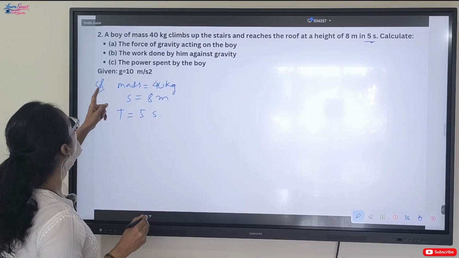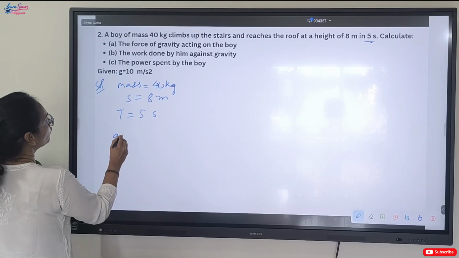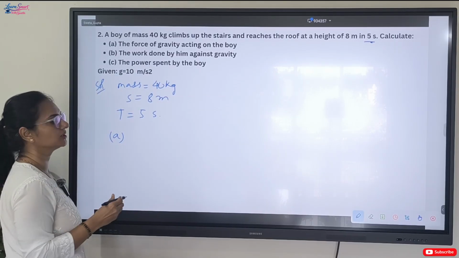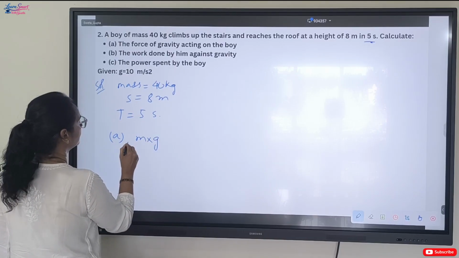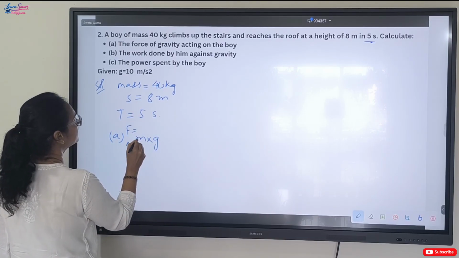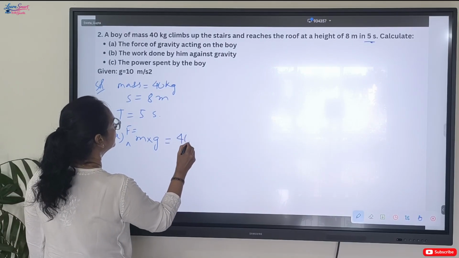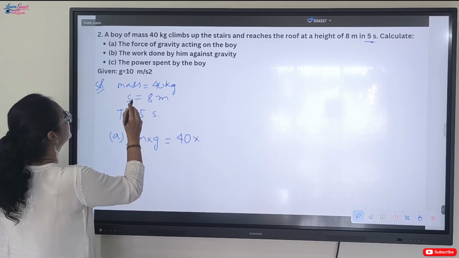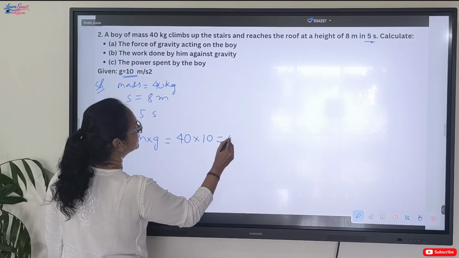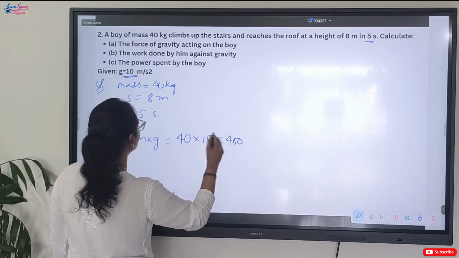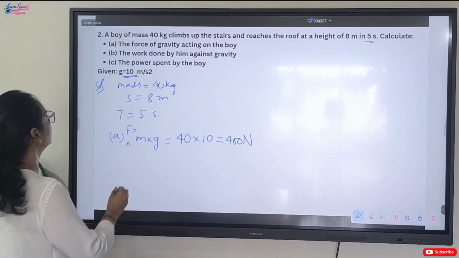Now calculate the force of gravity acting on the body. So force of gravity is M into g, and M is 40 into gravity. g they have told to use 10. So we will take 40 into 10 and we will get 400 Newton.